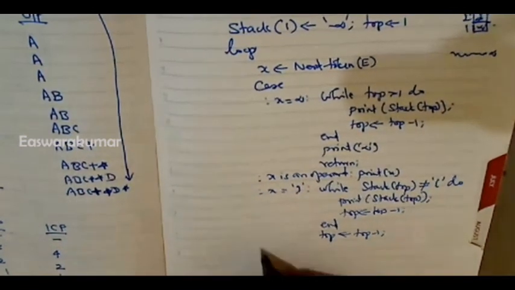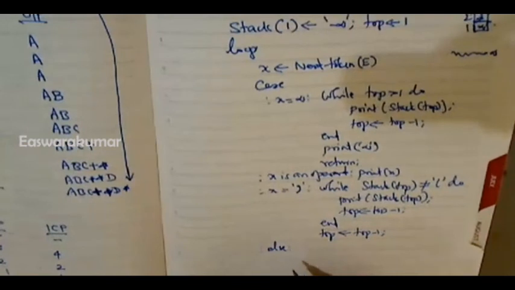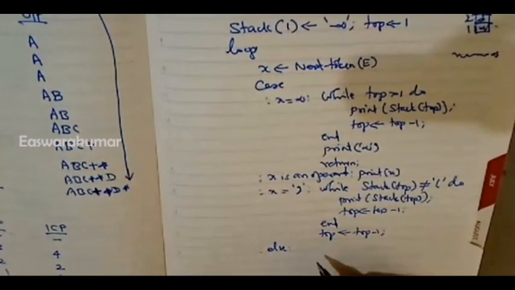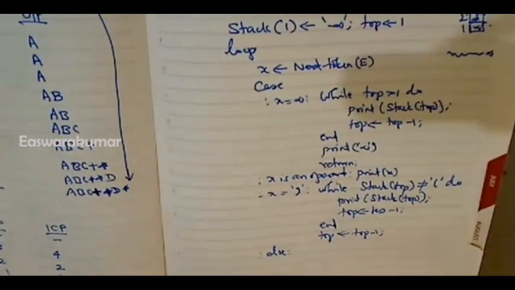Then else, for all other cases, what do we do? What are the other cases? Operator. So the remaining cases are either operator or left parenthesis. You know, for left parenthesis we also assign a priority, right? So everything can be dealt with that.